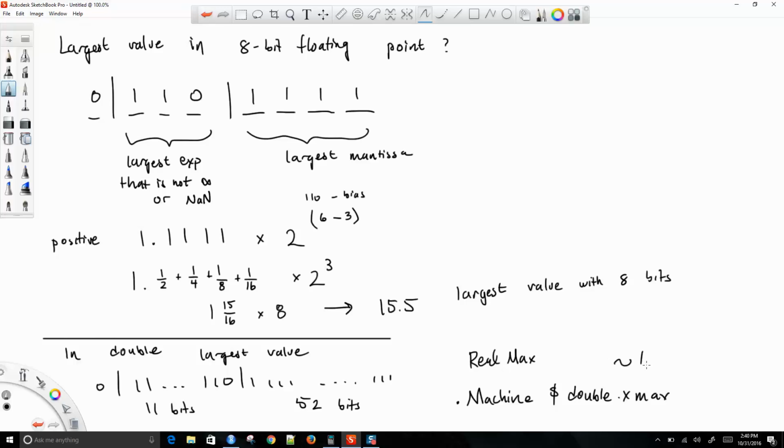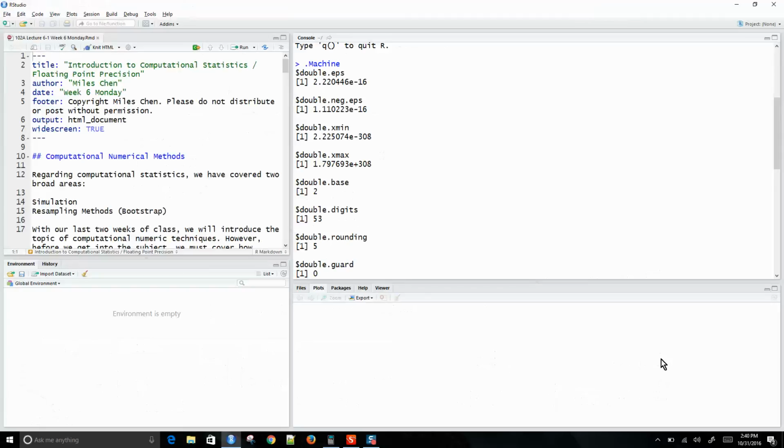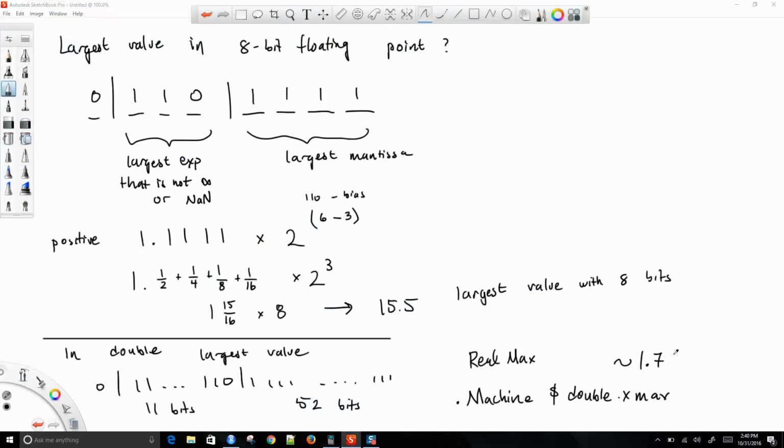It's approximately 1.798 times 10 to the 308 power. And so that would be the largest number we can represent using double precision. Anything bigger than that, the computer just says, "That's infinity."